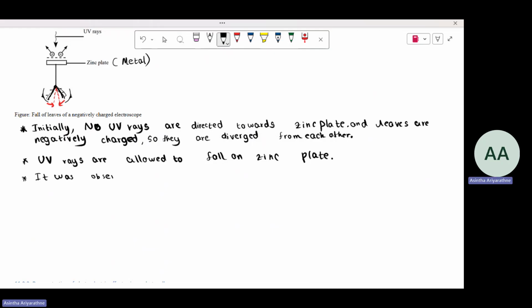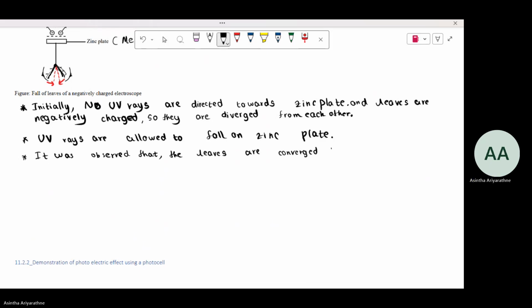It was observed that the leaves are converged towards each other.